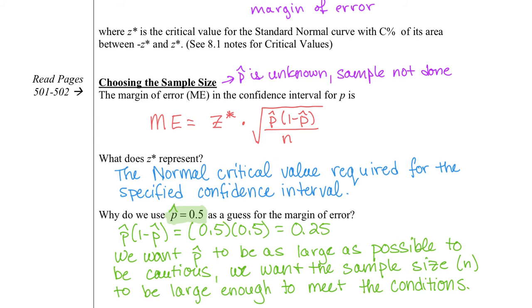So we want that p hat to be as large as possible because we want our sample size to also be as large as possible. If it turns out that my sample shows a very small p hat and my n is also very small, I'm going to miss that condition for normality. It's going to give us an incorrect margin of error and an incorrect standard deviation because it won't be met based on a normal distribution.